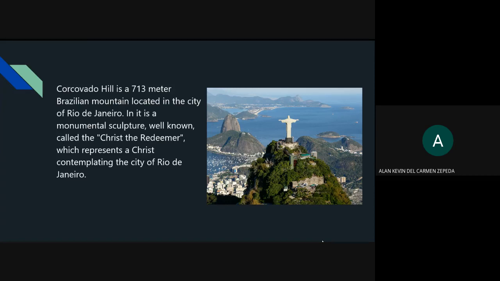On it is a well-known monument sculpture called Christ the Redeemer, which represents Christ overlooking the city of Rio de Janeiro.